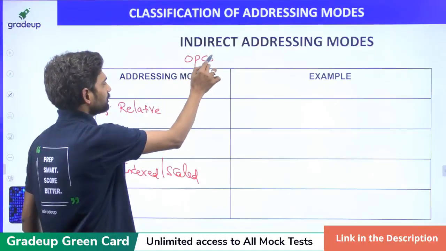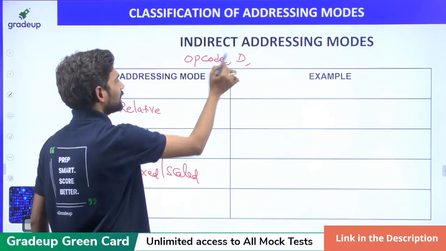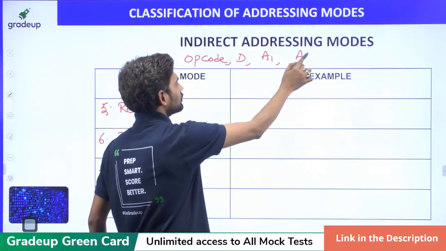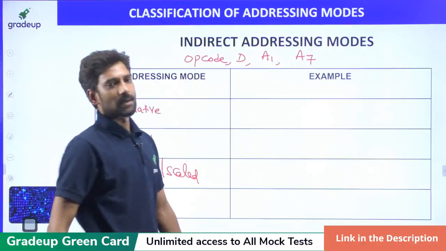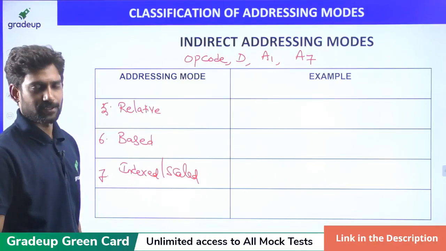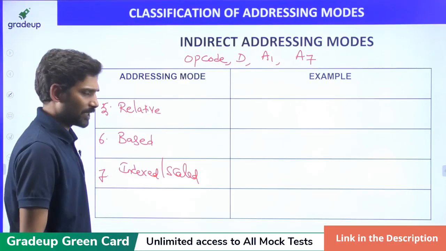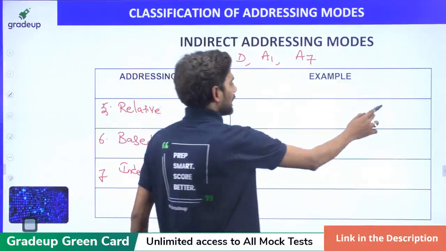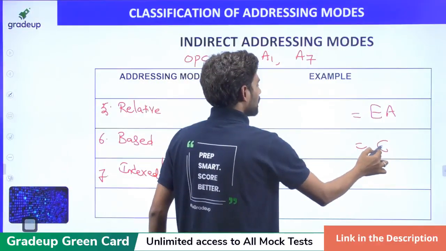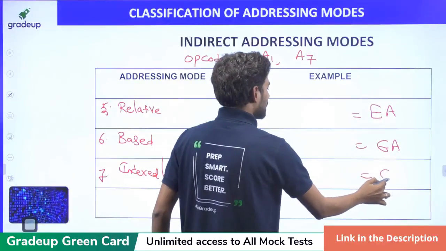Let's say I have written some addresses A1, A7, so, memory operands. Now, I want the effective address. How do I get the effective address?